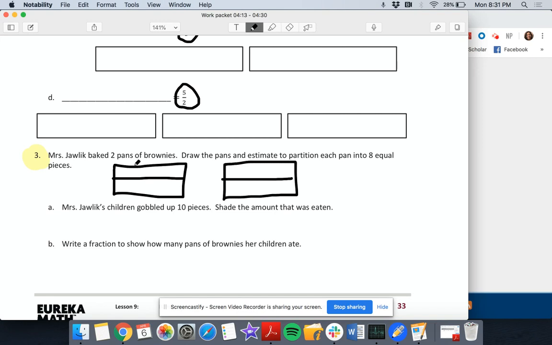And then 1, 2, 3, 4, 5, 6, 7, 8. Divide this one into the same thing, 8 equal pieces. 1, 2, 3, 4, 5, 6, 7, 8. Okay, so these are 2 figures, 2 pans. Each brownie is 1/8 of the entire figure. Okay, same thing over here. Each brownie is 1/8 of the entire figure.